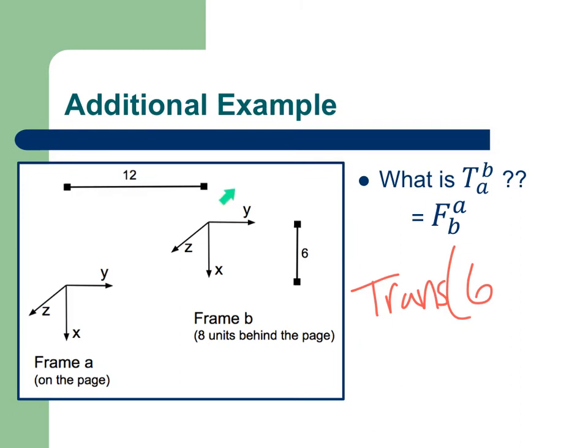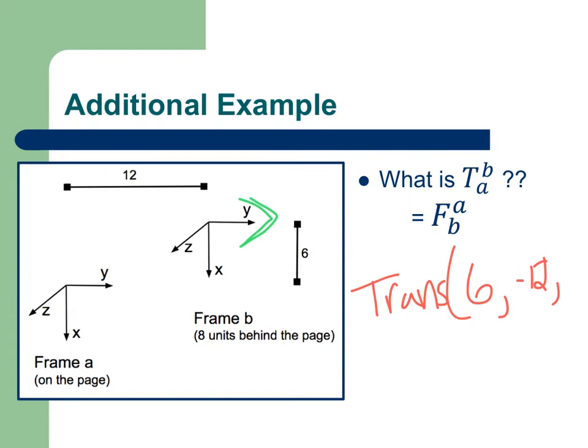And then the y-axis, B's y-axis, points this way. So to get to the A axis, I'm actually moving in the negative y direction by 12 units. So I'm going to write -12 here.